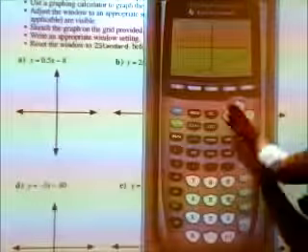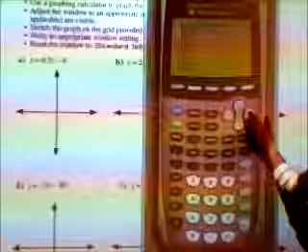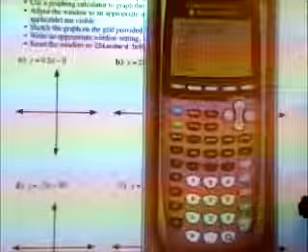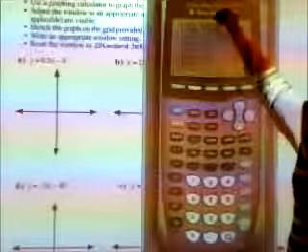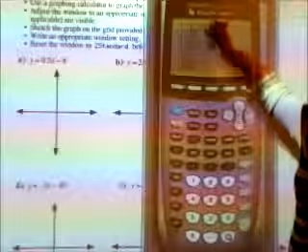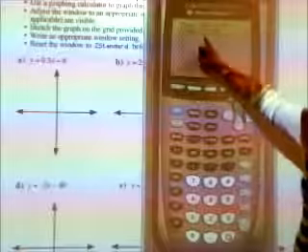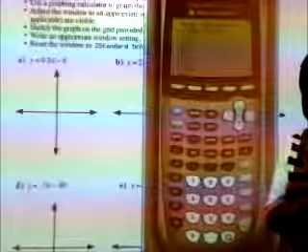If I instead had written 0.5x and I used the negative button instead, notice the negative button is shorter and it's actually a little bit higher. What this actually says to the calculator is 0.5x times negative 8.